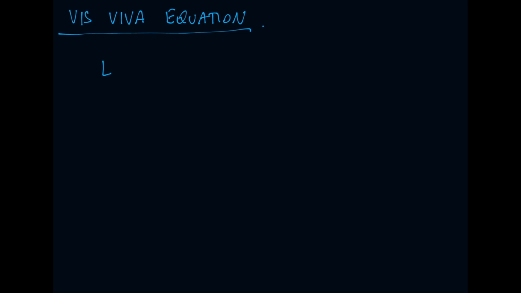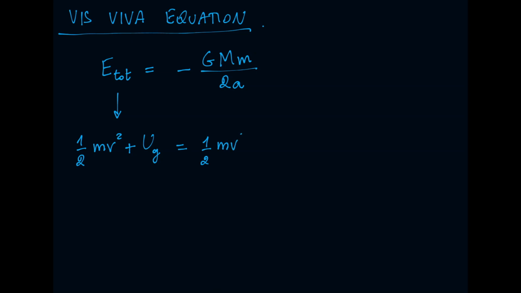So we said that all of these solutions have this general expression for the total energy, which is minus G, product of the two masses, divided by 2a, with a taking a geometrical role that is a bit non-trivial. And we also know that the total energy is 1/2 mv squared minus G, product of the two masses, divided by r, where r is the distance between the two objects.